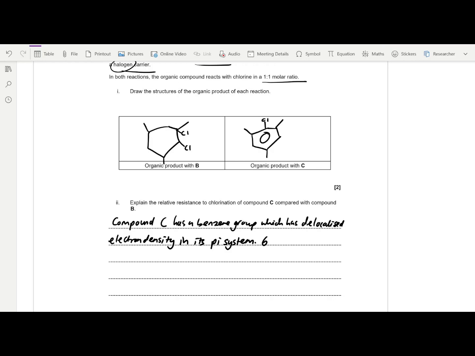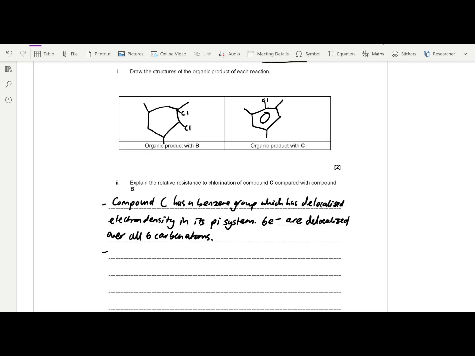And we could also mention that 6 electrons are delocalized over all 6 carbon atoms.